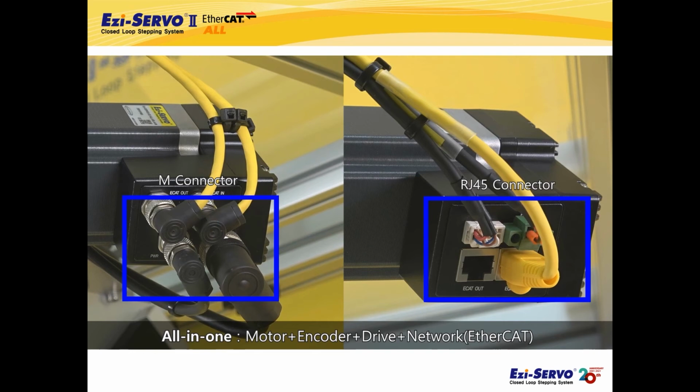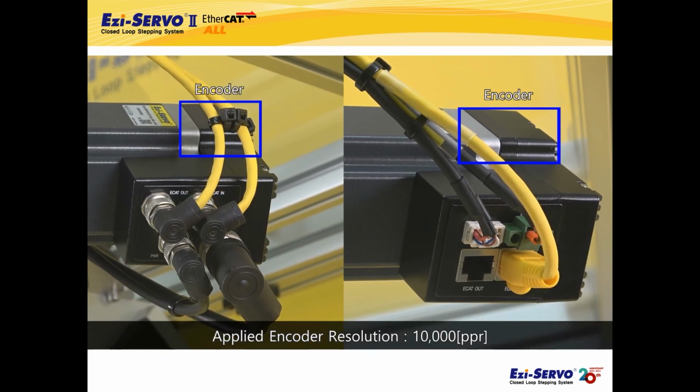As mentioned before, Ezi-SERVO II EtherCAT ALL is an all-in-one type product that combines a motor, a high-resolution encoder, a drive, and EtherCAT network, and it supports 2 types of connectors, M connector and RJ45 connector. The resolution of the encoder applied to this demonstration is 10,000 ppr, and you can select the resolution up to 20,000 ppr.